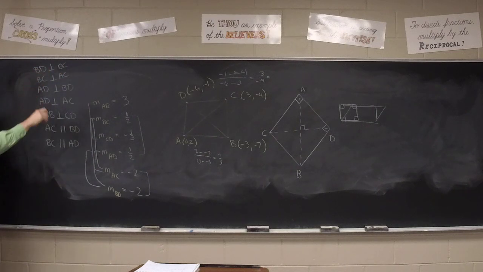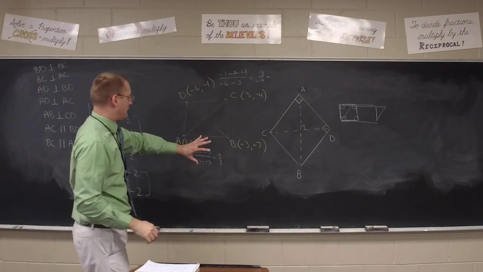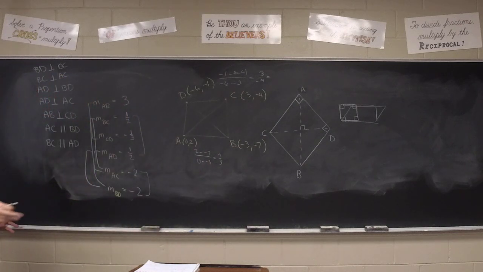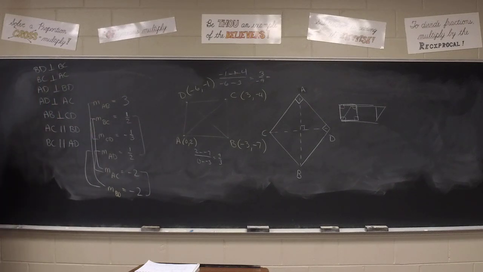So apparently we have a square. If we were to actually plot these points and connect them in that order, CBDA, we would end up with a square. Questions on that? Again, some geometry concepts that we tie back into the algebra that we do.